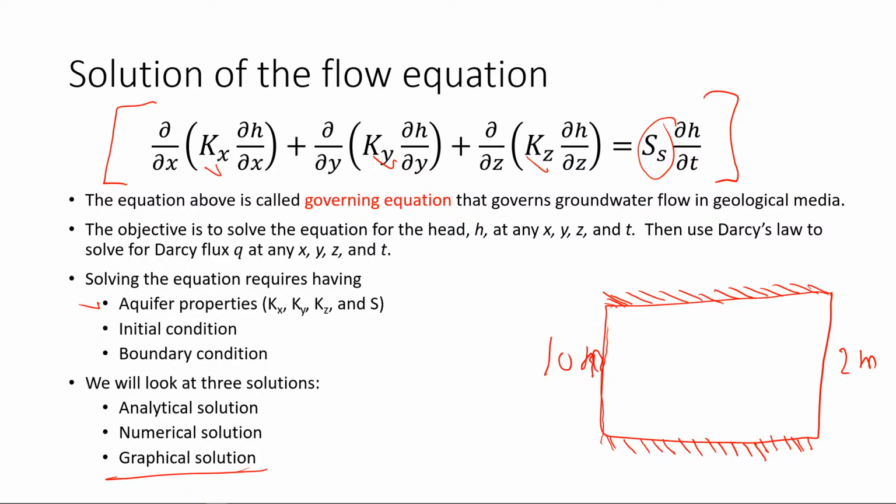I can ask what the head is at this specific point in space and at 1.222 seconds, and if you have an analytical solution, then you will find the exact answer. But again, this problem has no analytical solution, and we generally solve it numerically.